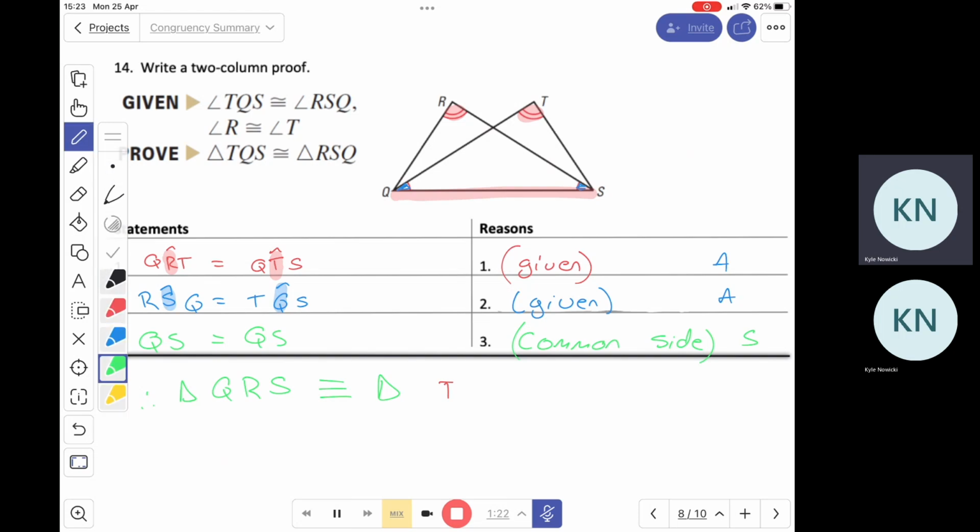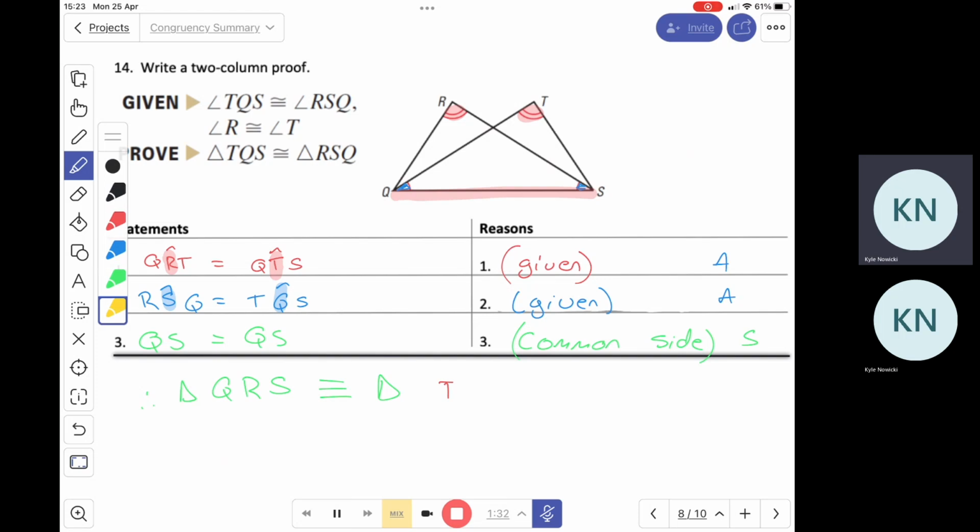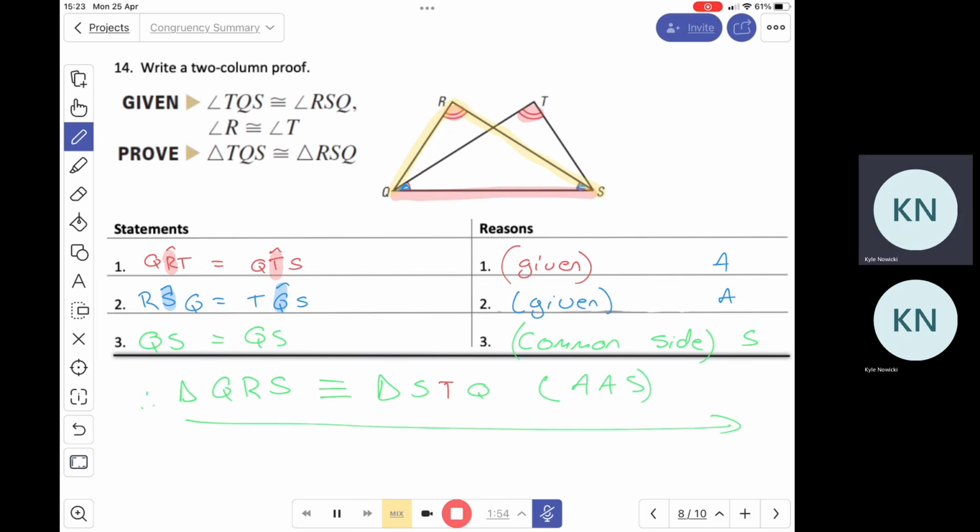So the reality is you can also think about how you write it as an order in which you're looking for things. So we've gone for QRS. So I've gone from the empty angle up to the double angle and down to the other given angle. So this one is likely going to be STQ. And my reason here is angle, angle, side. And there we have it. We've just proved that these two triangles are congruent.